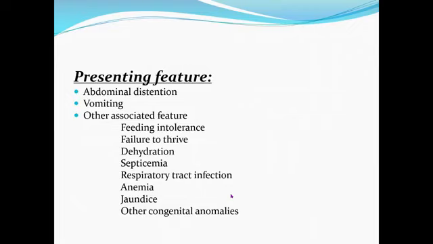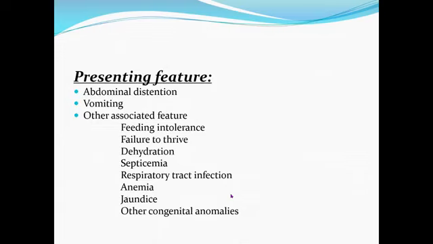due to failure to take enough milk, breastfeed. Also, septicemia is very common for neonates because of immunosuppression, respiratory tract infection, anemia, jaundice, and associated other congenital anomalies are also found in babies with intestinal obstruction due to intestinal atresia.